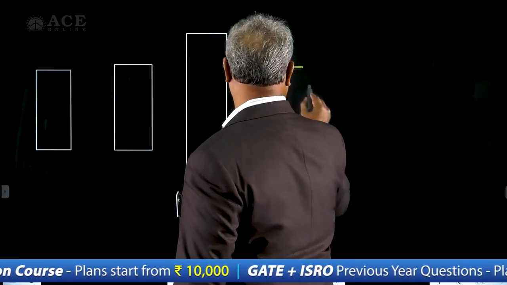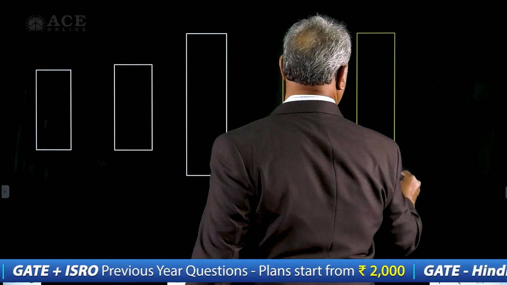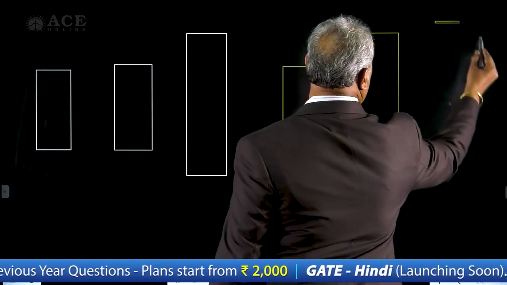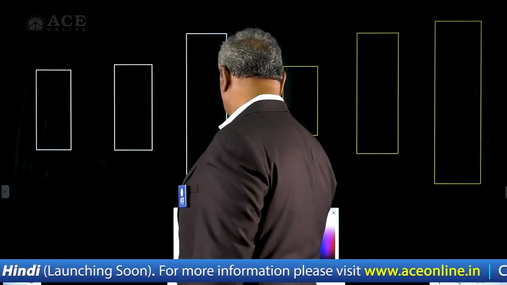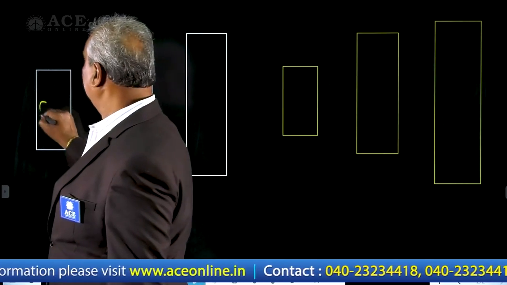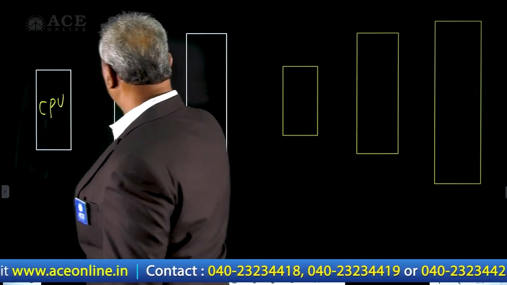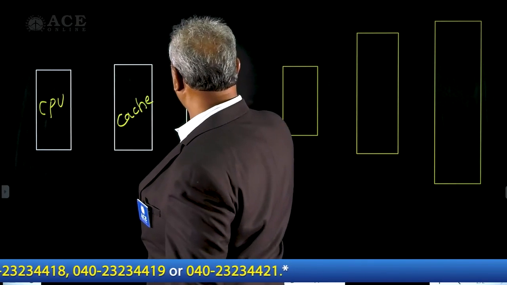Watch the diagram carefully. Here CPU, cache memory, and main memory.